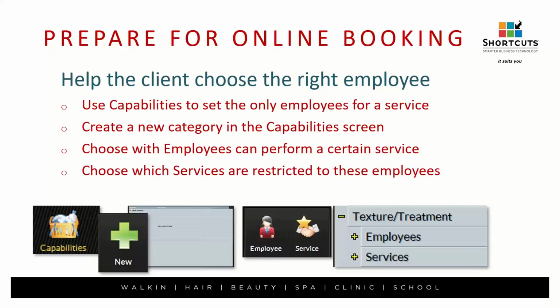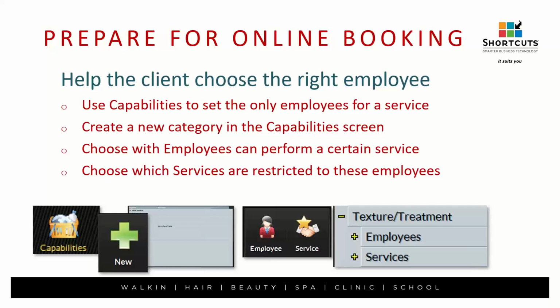You can actually create a capability in Shortcuts and say, these are very special services. It could be a color service, a chemical service, an esthetician service, and say only certain employees are allowed to do these services. That way, only those people's names show up when a customer chooses the specific service.